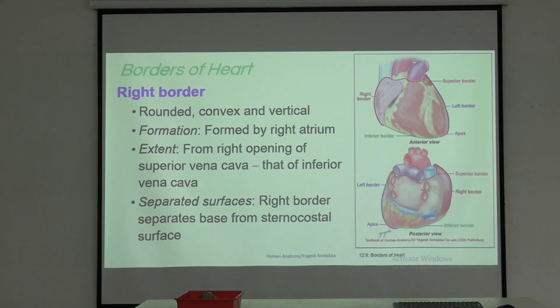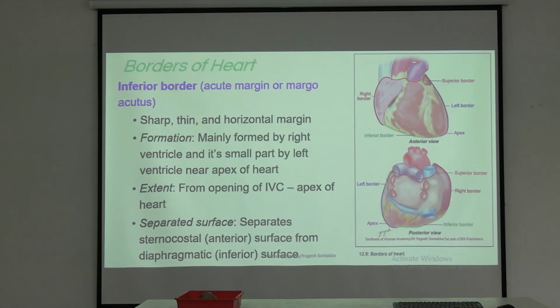The right border is actually continued from the superior vena cava to the inferior vena cava. The left border is from the left atrium to the apex. And this is the inferior border.